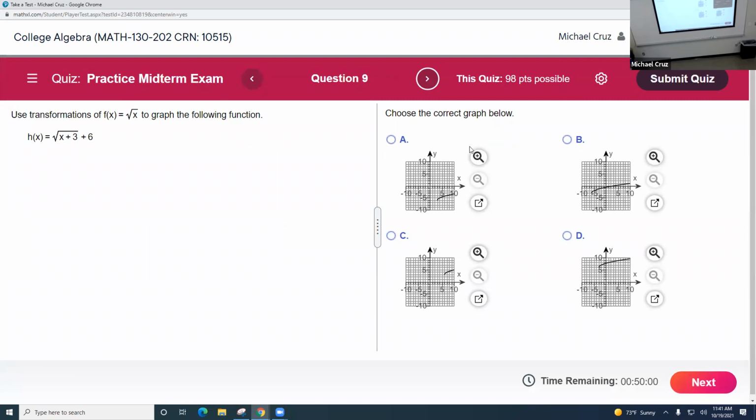All right, transformations. If we have something inside of the function, in this case the function is a square root, the number inside tells us horizontal shift, back and forth. And the way it works is it's just the opposite of what that sign is.